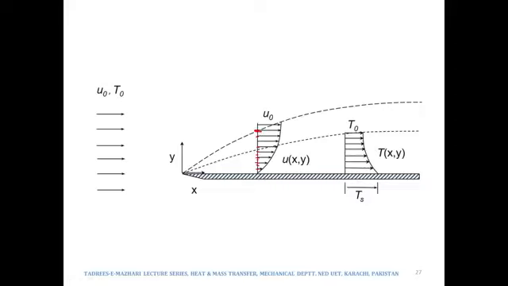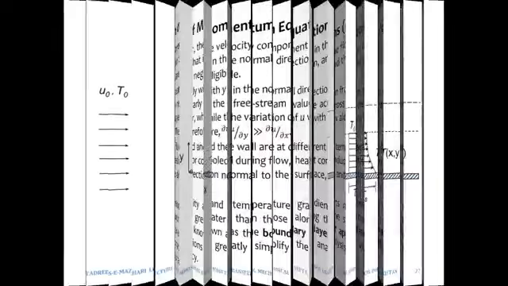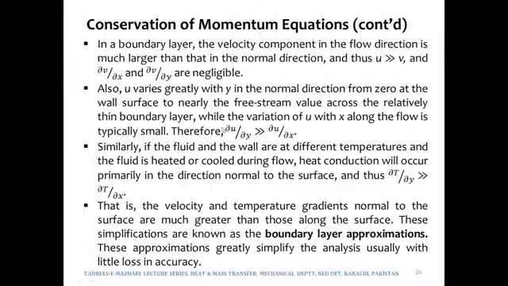So in fact u is varying in y much more as compared to the variation of u in x. Therefore, ∂u/∂y would be much greater than ∂u/∂x.